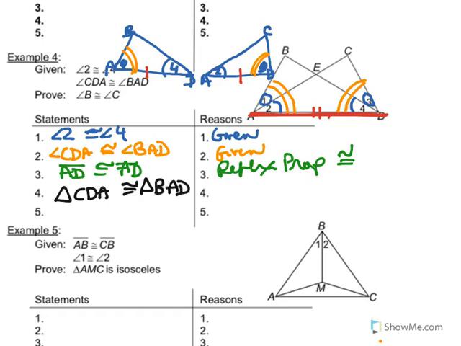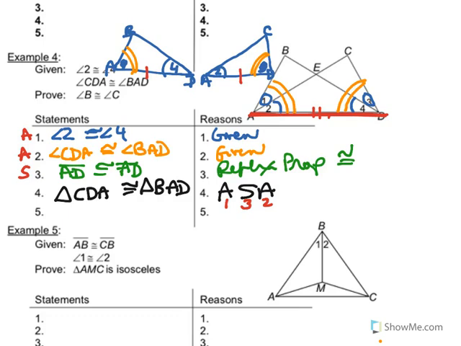And we know that by what method? Angle, side, angle. And let's go back and make sure we have statements that prove this. Here's an angle, here's an angle, and here's a side. So statements 1, 2, and 3 help us prove that those two triangles are congruent.